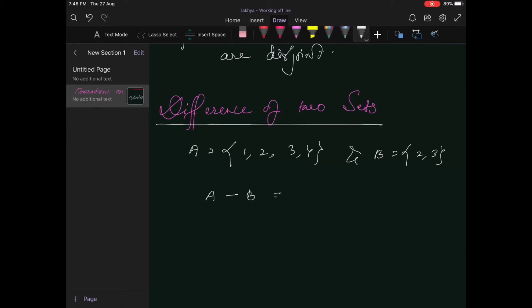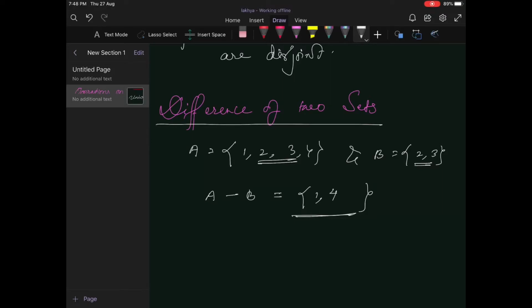Then A difference B is equal to what? It is a set where these common elements are not present. Only elements of A which are not in set B should be present in this result.